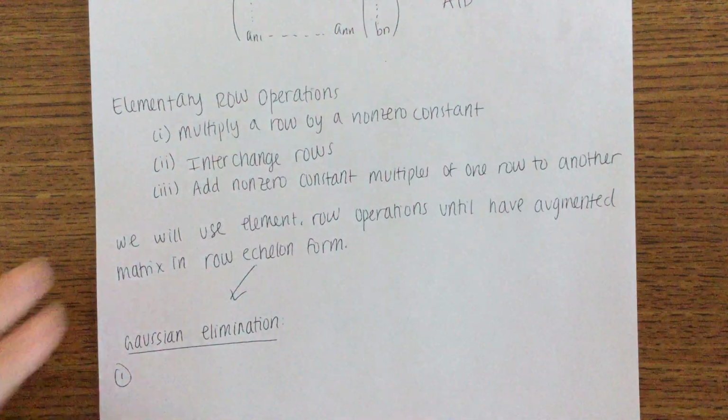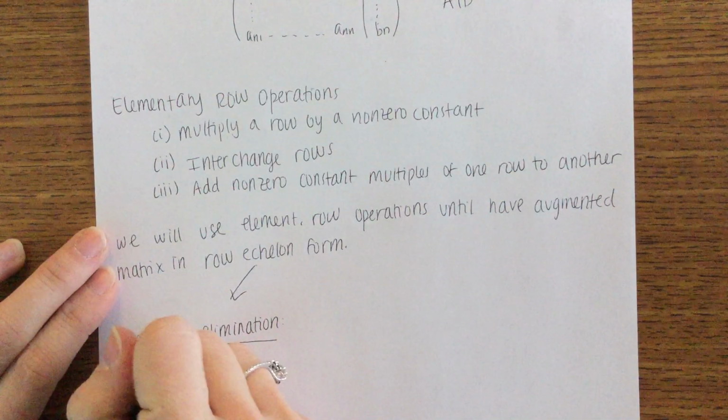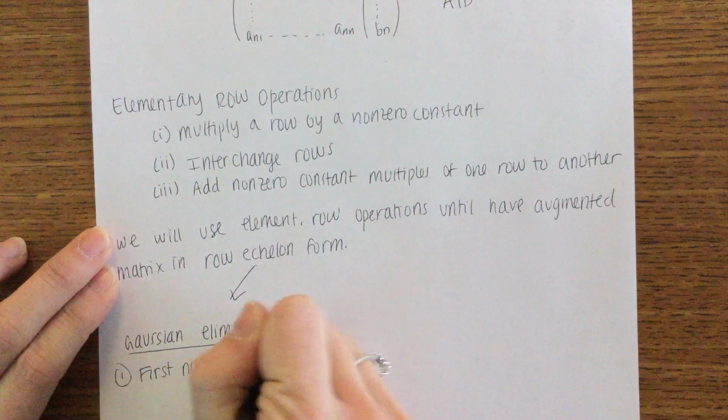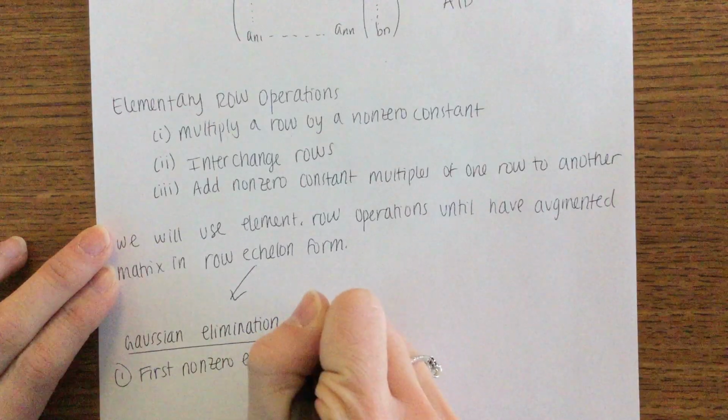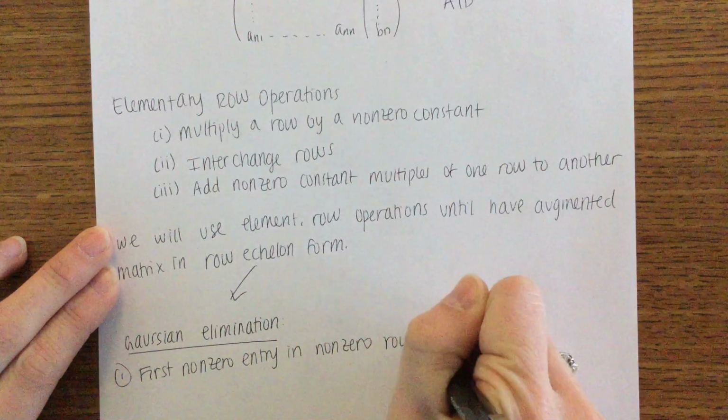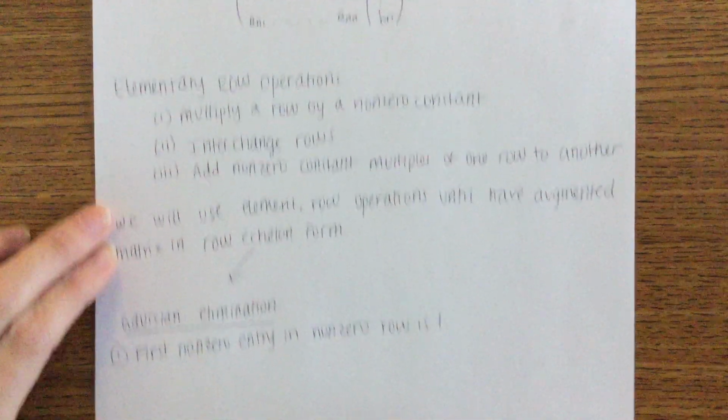Row echelon form has three different properties. The first property is that the first non-zero entry in a non-zero row is 1.